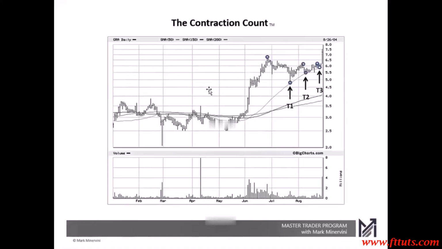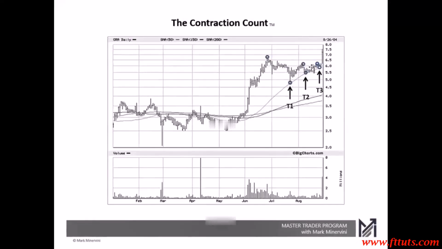So WR Grace was one that I traded right from this point right here when it was coming out on August 26th of '04. You can see I call these T's, or we can call them contractions, C's, T's, whatever you want to call them. I started off calling them T's for tightenings, but we call it the contraction count. And you can see as you come off this first time, you rally, and each contraction is going to be at a higher level.